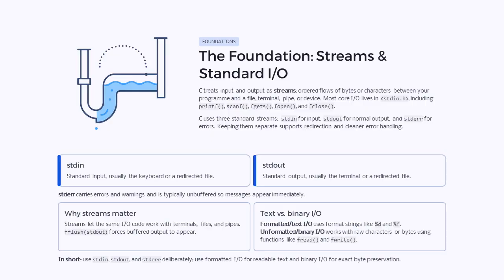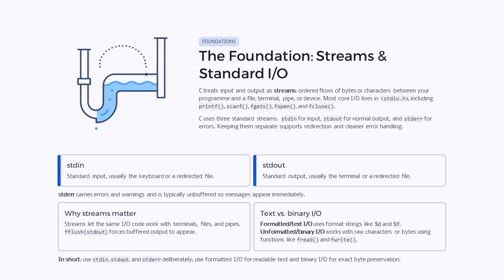The foundation, streams, and standard I/O. C treats input and output as streams, ordered flows of bytes or characters between your program and a file, terminal, pipe, or device. Most core I/O lives in the stdio.h header file, including printf, scanf, fgets, fopen, and fclose.